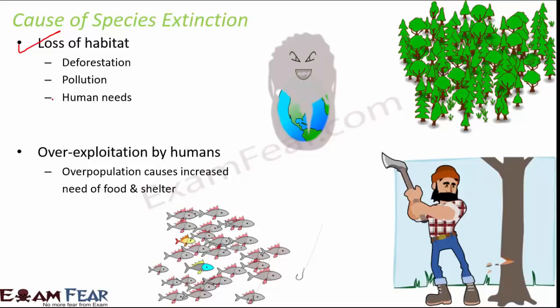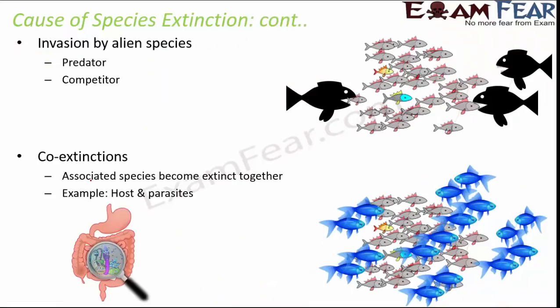Human needs: for human needs, humans kill animals and destroy their habitats. So as a result, we lose the animals. Now, overexploitation by humans. Overpopulation causes increased need of food and shelter, because of which humans feed on animals a lot. So we lose animals once again.